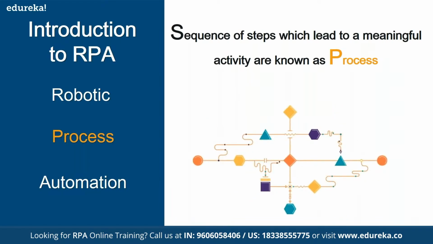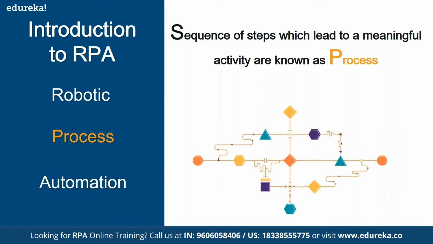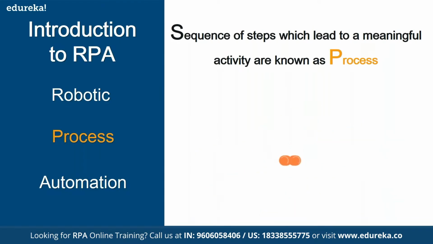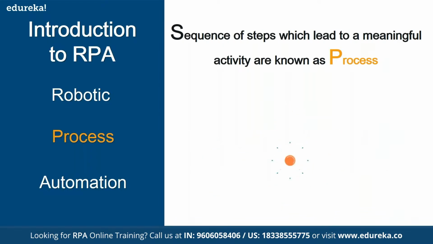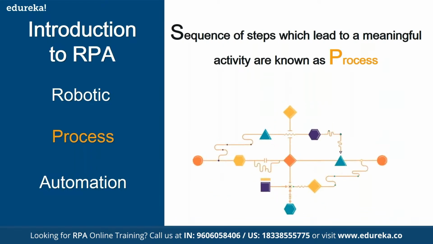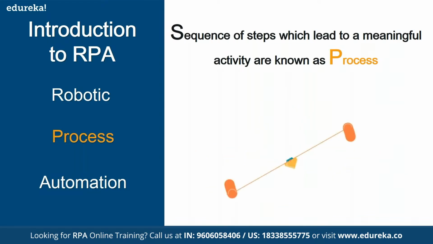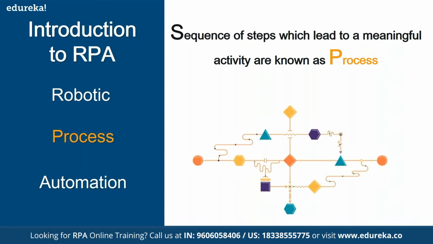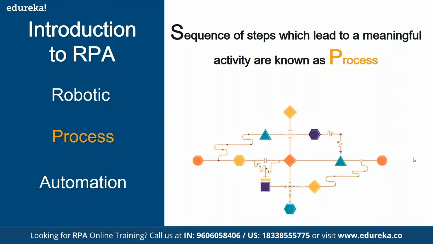Every day you go to office, you do work which will somehow benefit the organization, and that process that you do on a daily basis is called a business process. And that business process which you are doing as an individual can be done by your robot.